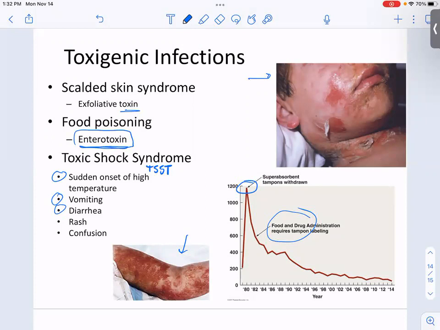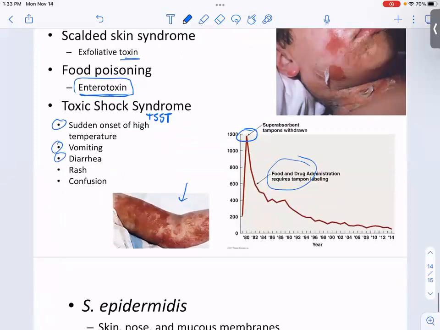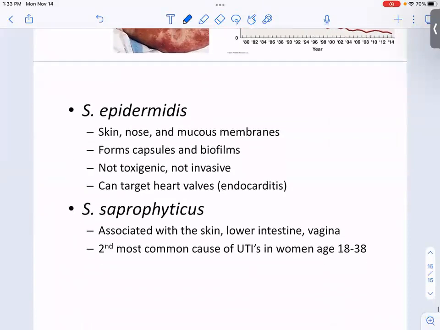Mental confusion even. So patients can go into shock. So much inflammation, so much T-cell activation that their blood pressure goes way down. And so this is a potentially fatal infection. Okay, so again, thankfully pretty rare. So that's it for Staph aureus.